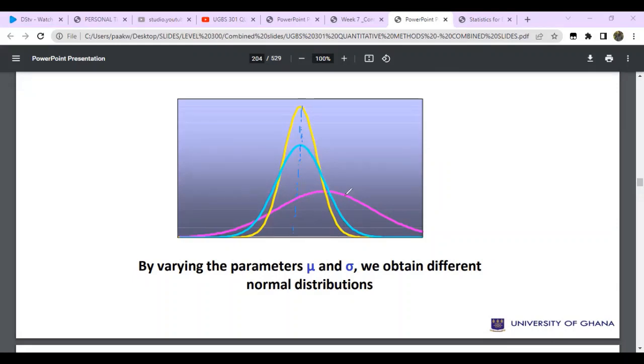Look at the purple, or I don't know if it is pink, that one too is having different mu. So by varying the parameters mu and standard deviation, we obtain different normal distributions. That one too is basic knowledge. So let's move on.